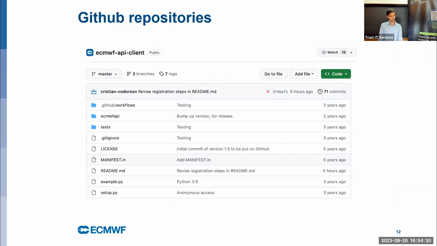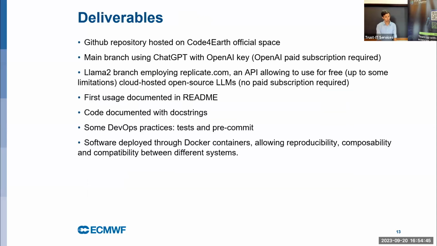Plus the GitHub repositories, in which we can access basically all the files that one can find under GitHub. Here we took just the ECMWF API client, and we have ecCodes and many others. As said, on our GitHub repository hosted on Code for Earth, we have two branches.